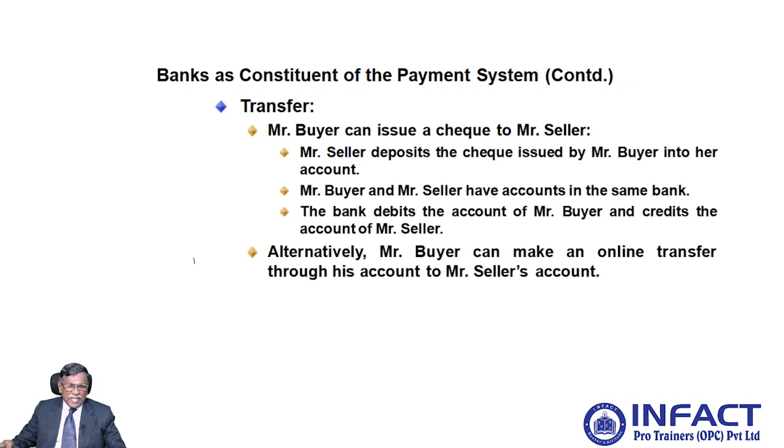Debit has occurred in the buyer's account, meaning whatever purchases he made, he has made the payment, so there is a debit in his account. Similarly, the seller's account also got credited, so whatever product he sold, he got the money for that. So both debit and credit occurred in the same bank. So this is very smooth. This is called a simple transfer.